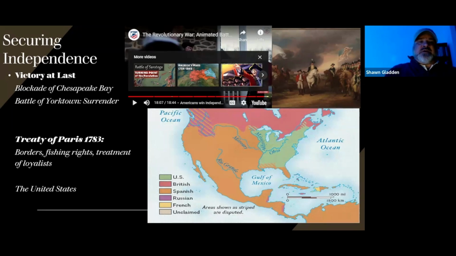All right, so the Revolutionary War in perspective. The war was a conflict shaped by pivotal battles, strategic alliances, and the resilience, I think we can say, of the Continental Army.